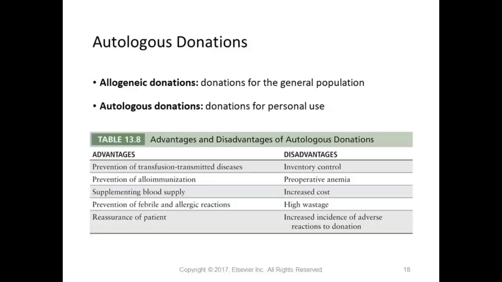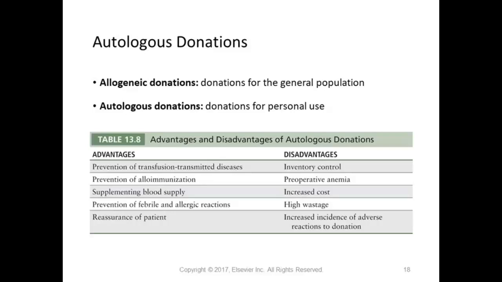If an autologous unit is not used, it cannot be used in general inventory because it has not met the same donation requirements as allogenic. So it doesn't go through all the testing, because all you're doing is basically taking some blood off of you and saying, hey, I'm putting it in reserve, and if I need it, just give it back to me. So it's your blood.